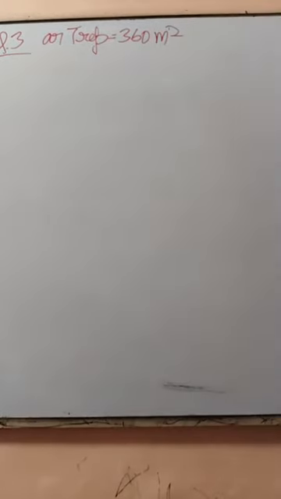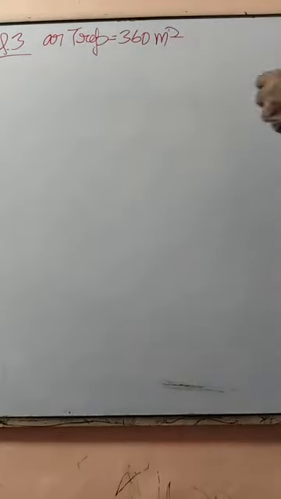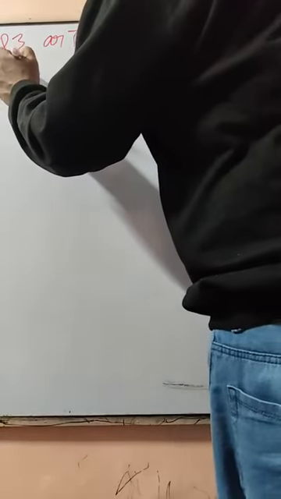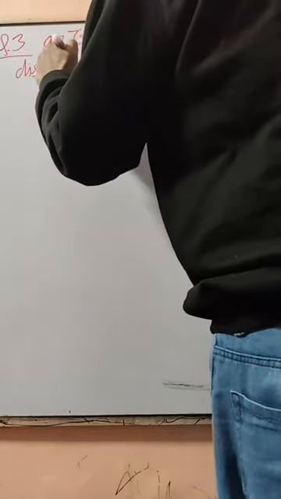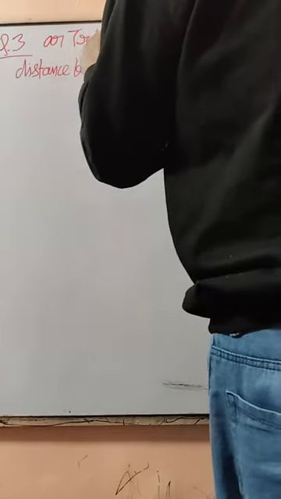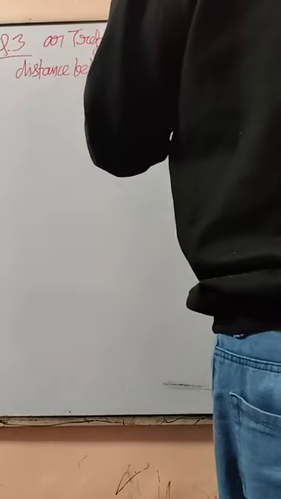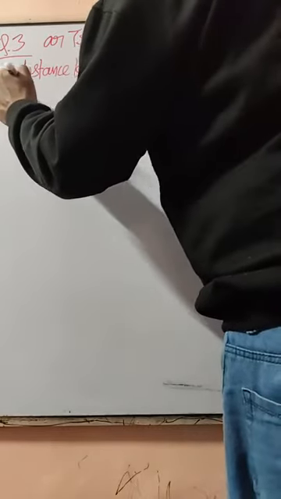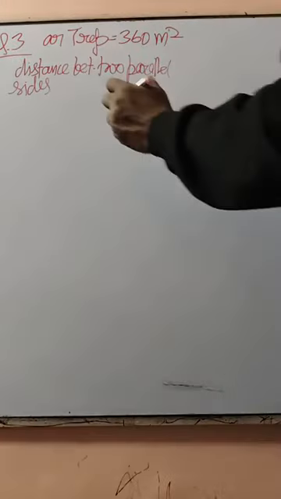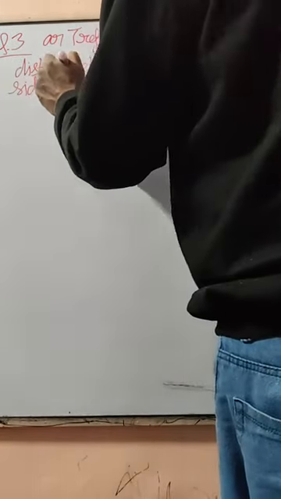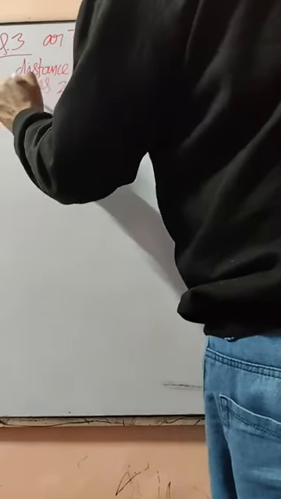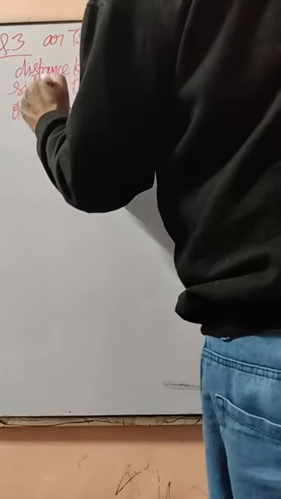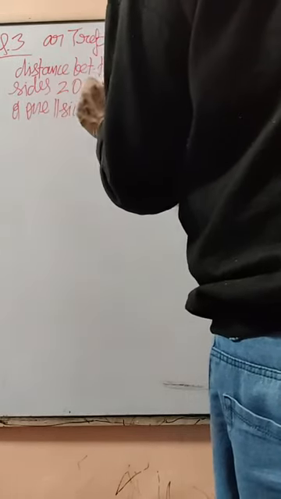Area of trapezium is 360 meter square. The distance between two parallel sides is 20 meter and one of the parallel sides is 25 meter.